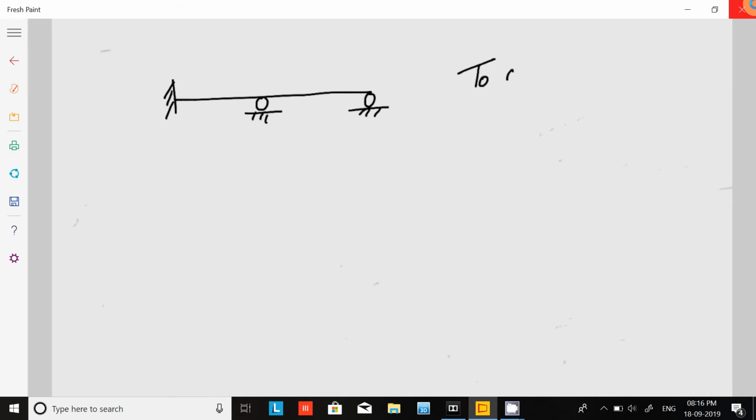Suppose a beam is given to us like this, one fixed and two roller. Our aim is to convert the beam to a cantilever.